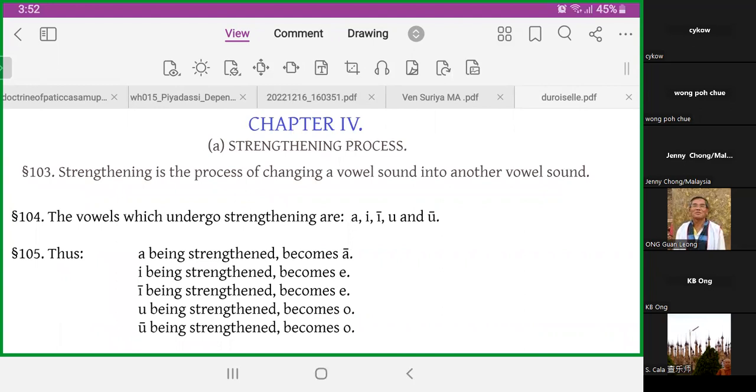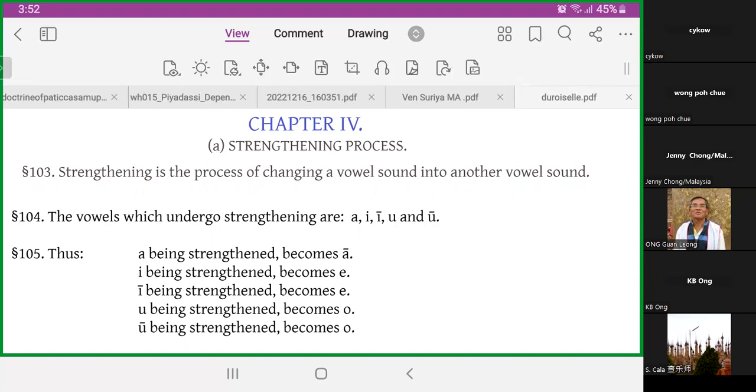Strengthening is the process of changing a vowel sound into another vowel sound. The vowels which undergo strengthening are a, i, I, u, U, and so on.